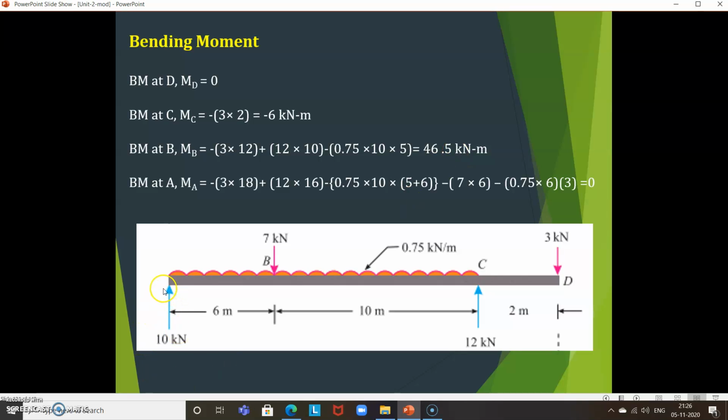At A, obviously you have to get 0, but still you do that: minus 3 into 18 plus 12 into 16 minus 0.75 into 10 into 11 minus 7 into 6 minus 0.75 into 6 into 3, equal to 0.